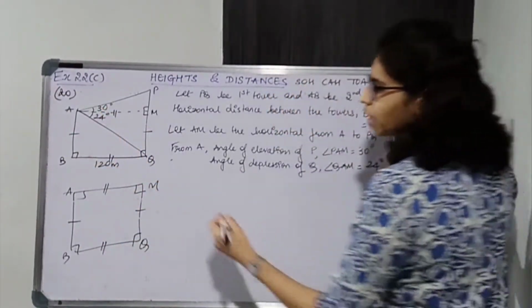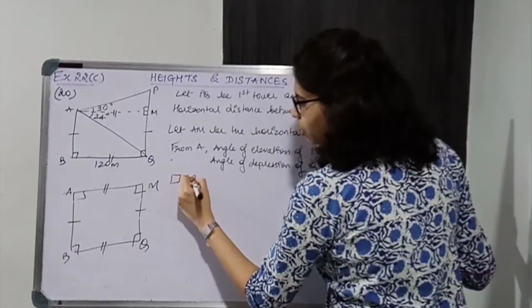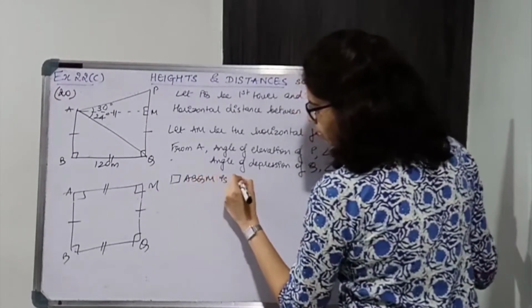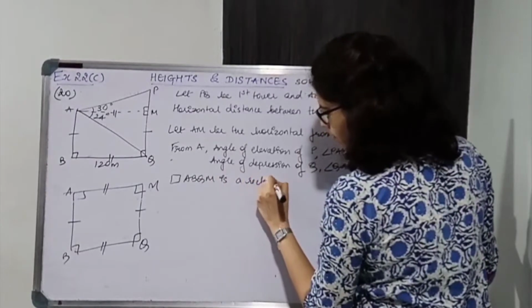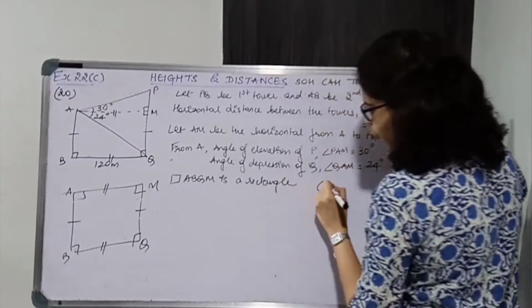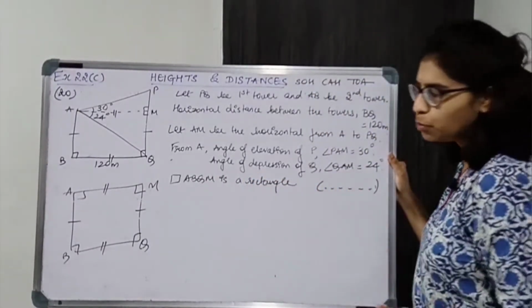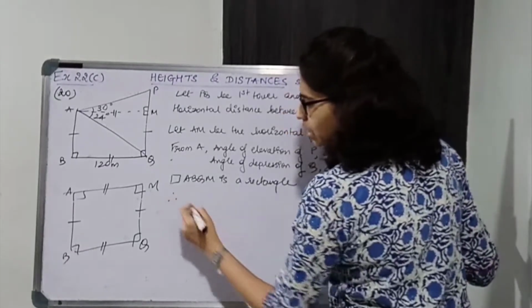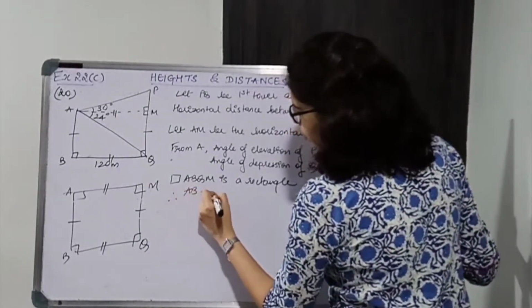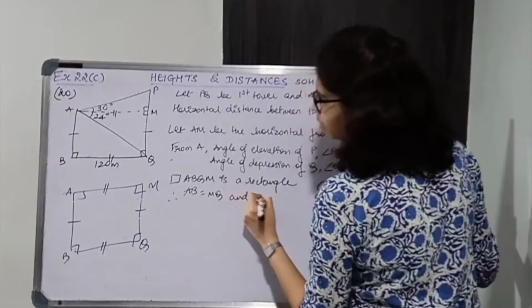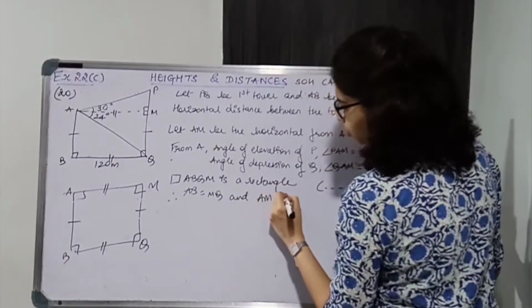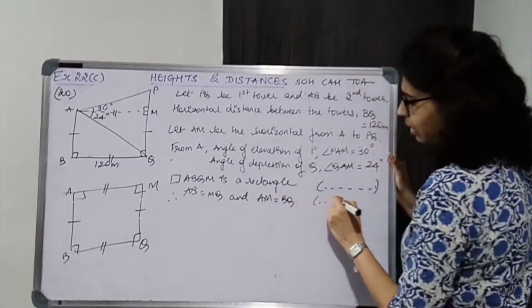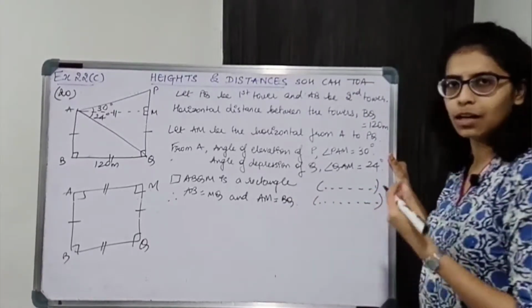So we'll write down quadrilateral ABQM is a rectangle. From the figure only you can say, you don't need to prove. So therefore opposite sides are equal, therefore AB is equal to MQ and AM is equal to BQ. Opposite sides of rectangle are congruent.